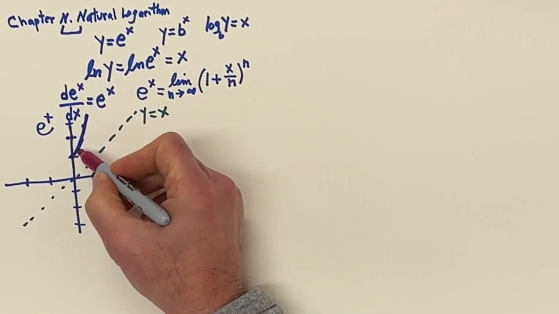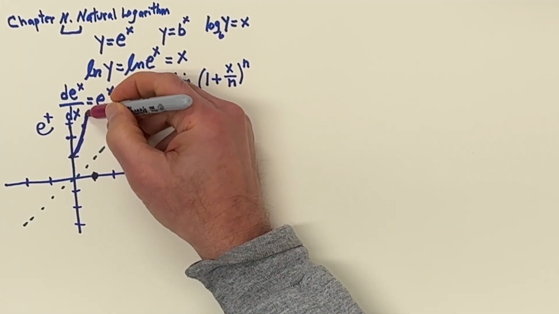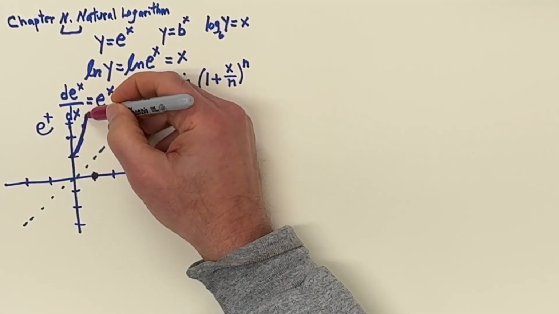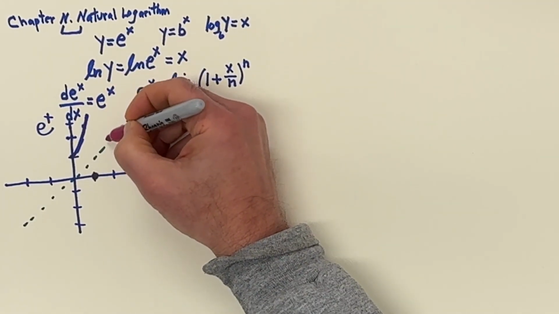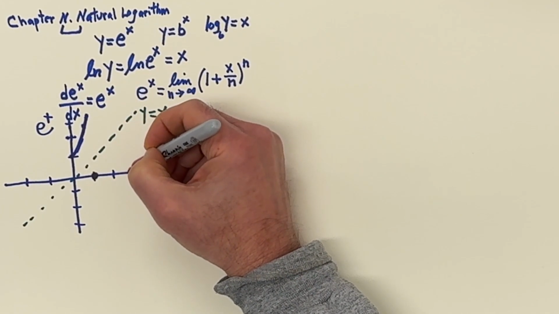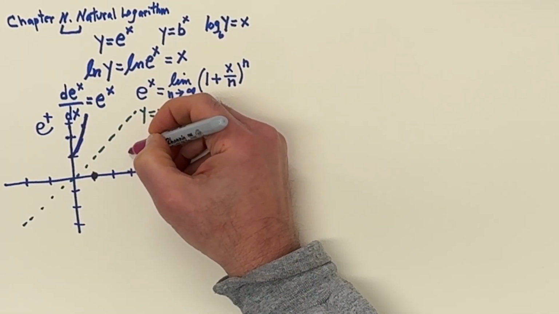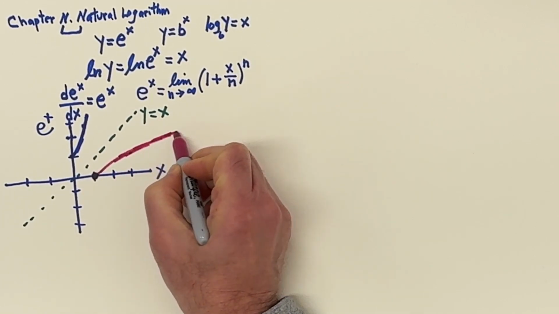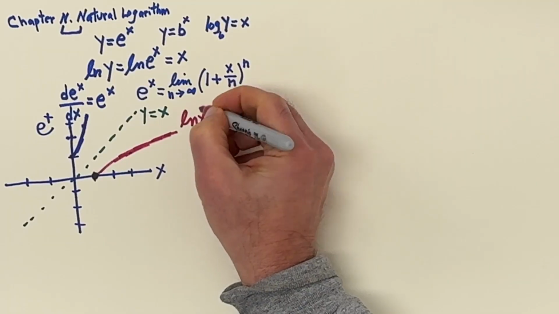And when we go to the point where we have e to the 1, it's almost 3. Almost 3 here, nice reflection. Here would get us, I'm going to eyeball it, about there. So this is going to be the log of x.